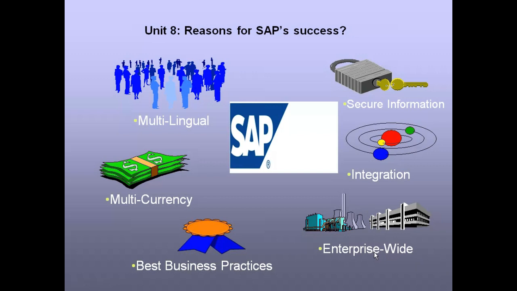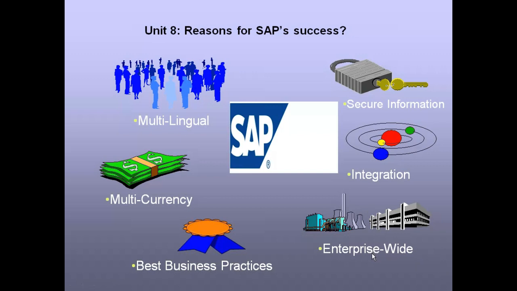If, for example, you are not implementing the HR module with SAP and you wanted to go with PeopleSoft, that's your management decision. But SAP does have SAP HR; you can actually use it. So likewise, enterprise-wide solutions are possible with SAP.